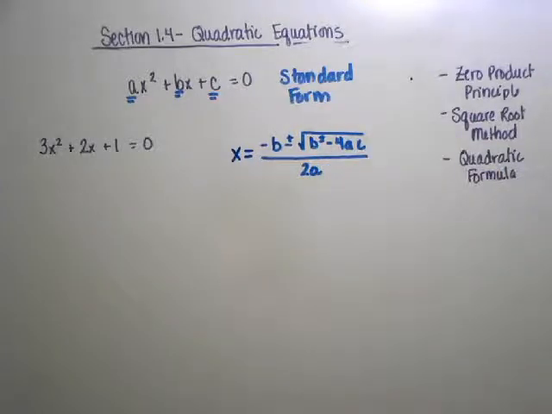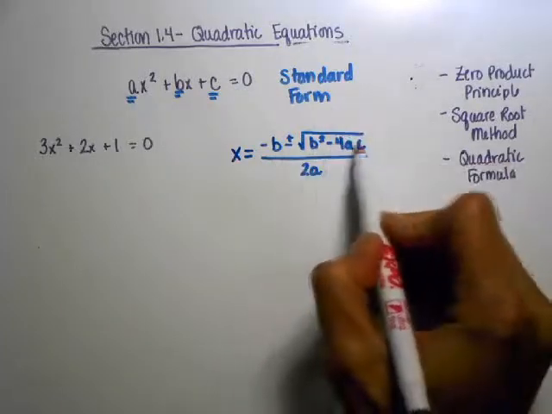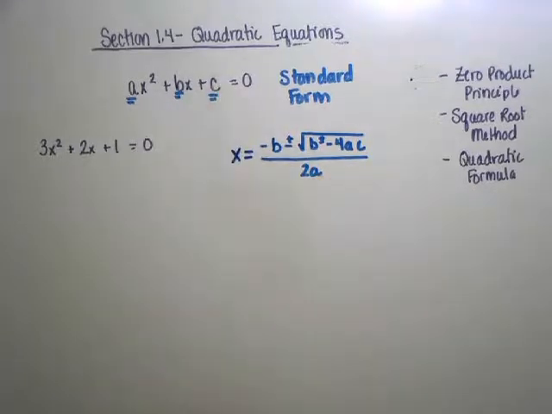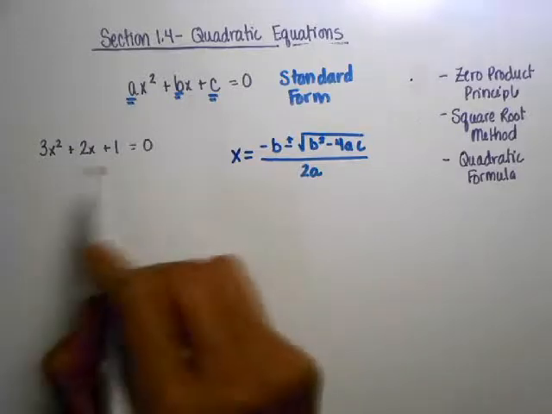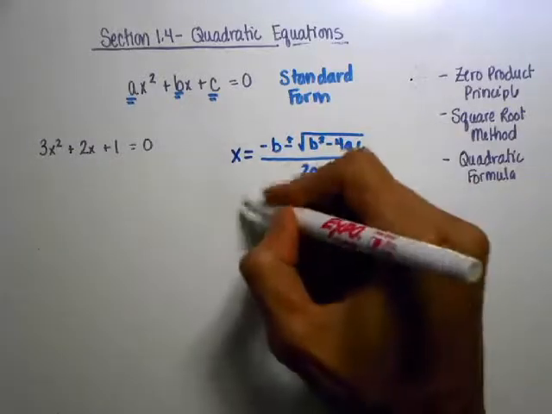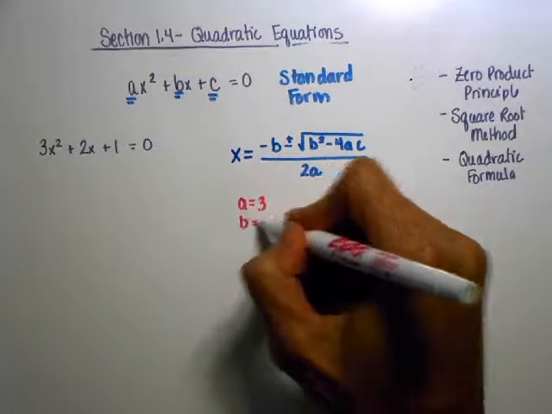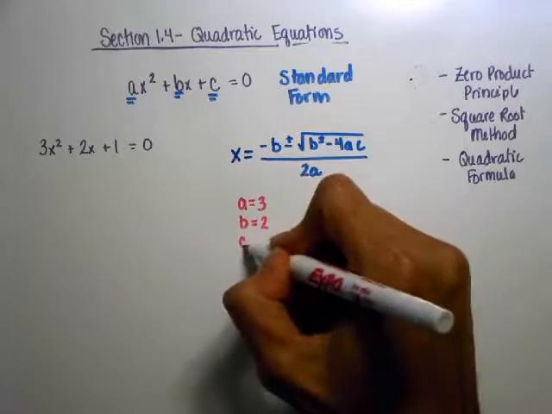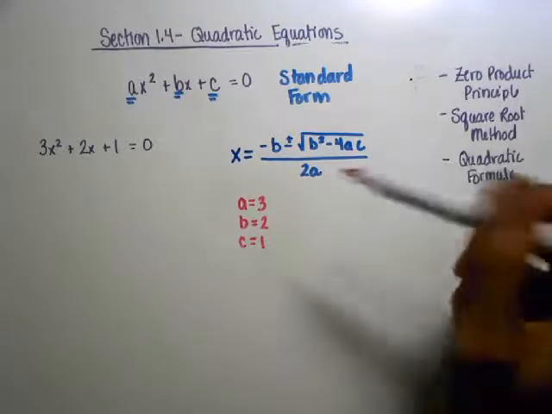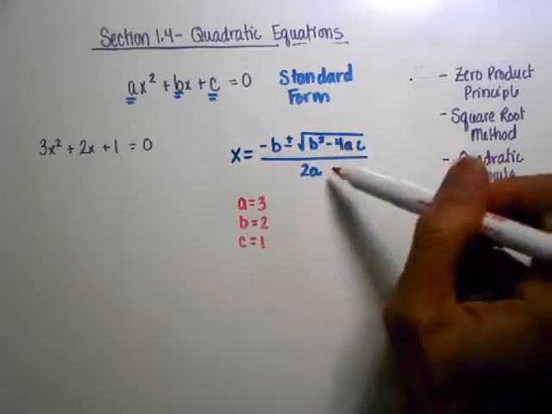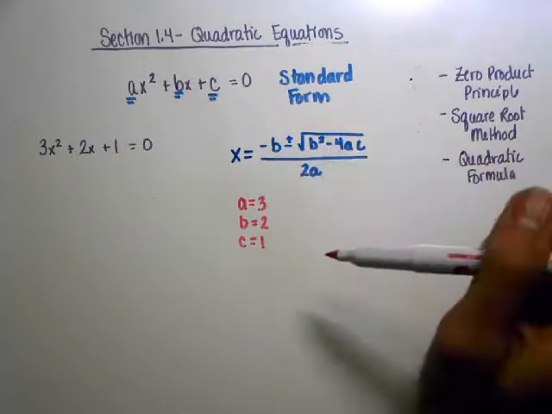The a and the b and the c that you see in this equation are this a, this b, and this c in standard form. So for this particular problem, we see that a is equal to 3, b is equal to 2, and c is equal to 1. And we're just going to substitute these numbers in for their appropriate spaces here, and do the math behind it, and the problem will be solved.